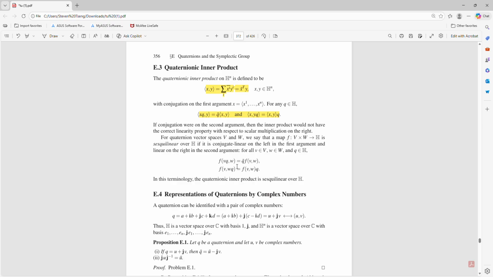And next, we say that the map F from V cross W to H is linear over H if it is conjugate linear on the left in the first argument, like this, and linear on the right in the second, like this.